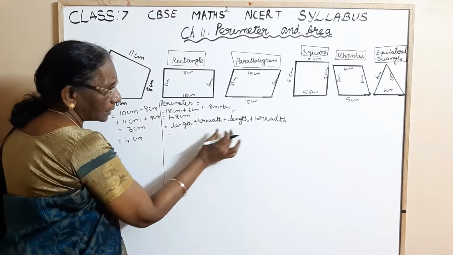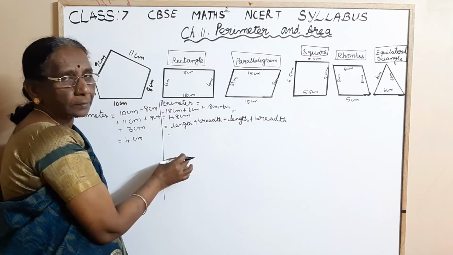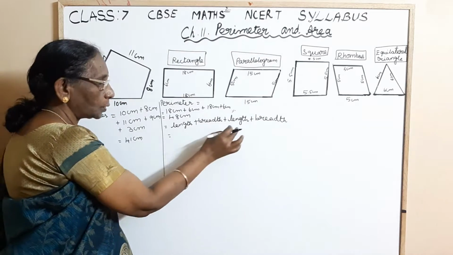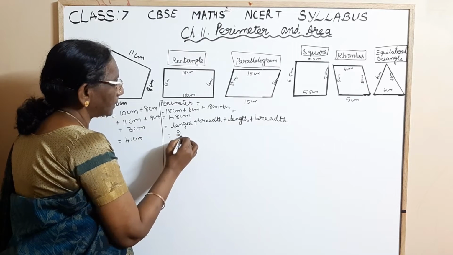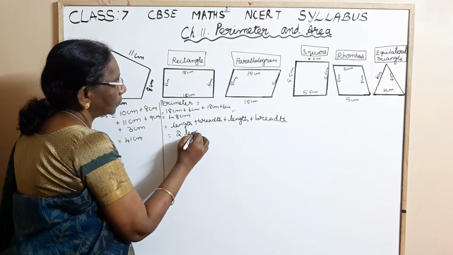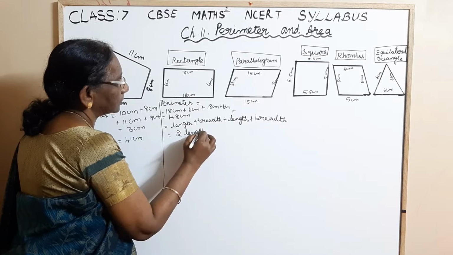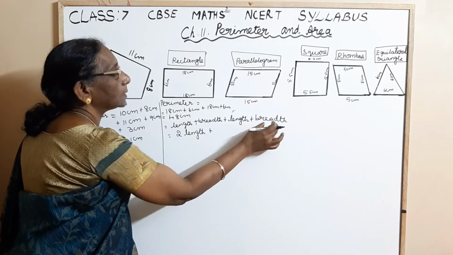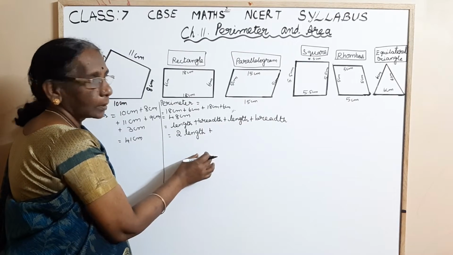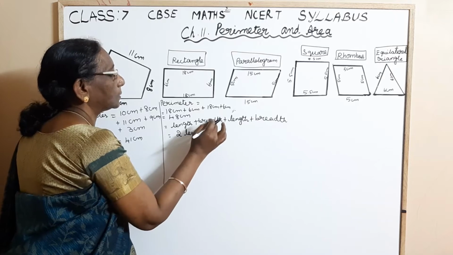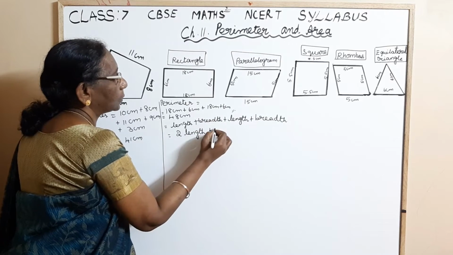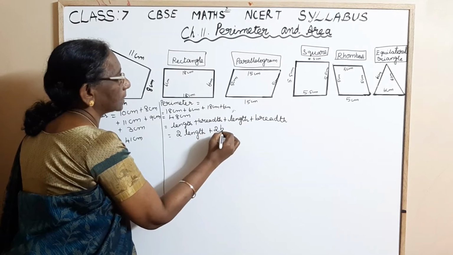So how many lengths? 2 lengths. We are adding the length 2 times. So you can write it in the short form as 2 length. Plus how many breadths are we adding? We have 2 breadths. That is, we are adding the breadth 2 times. So 2 breadth.